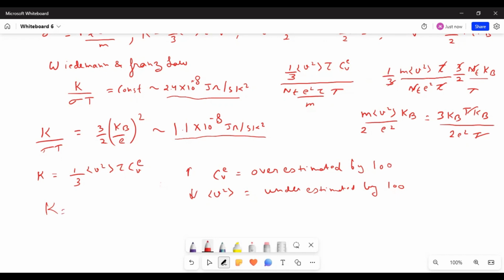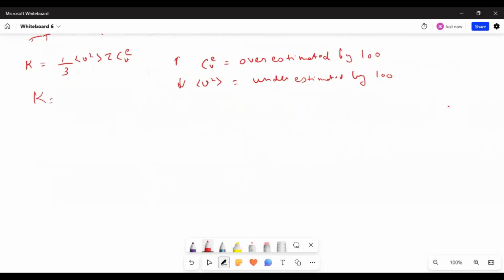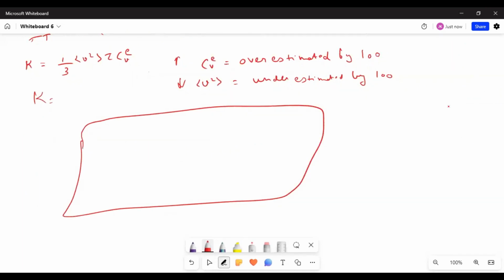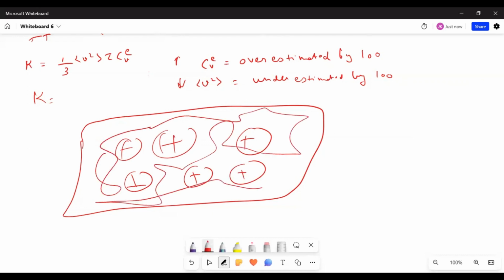Another important thing about Drude model is that, as we mentioned at the beginning, it assumes, suppose there is a metal, let's say silver, that has positive ions all over, and then there are free electrons moving around here and there.